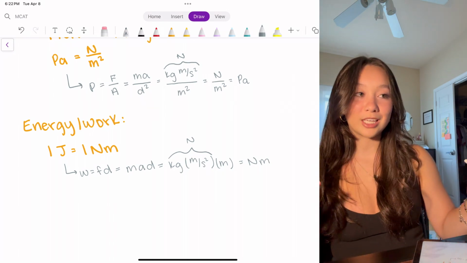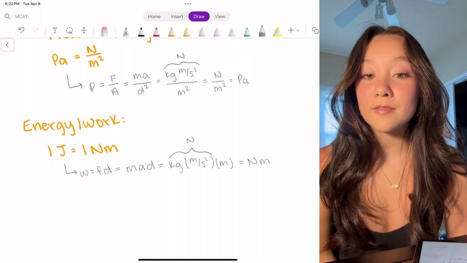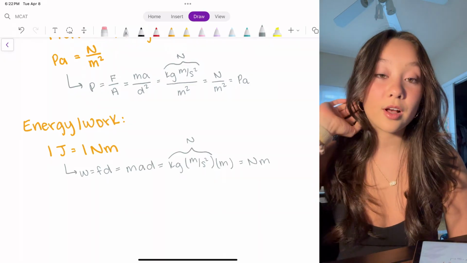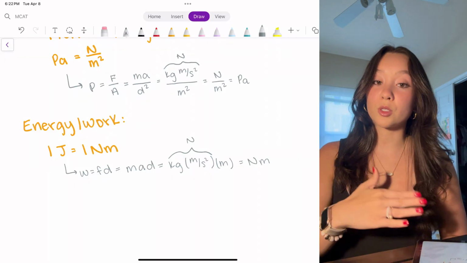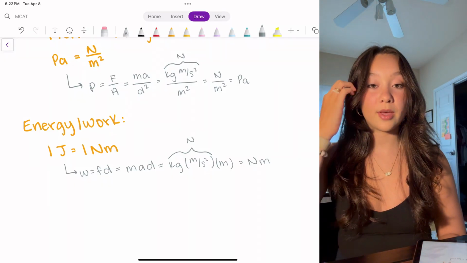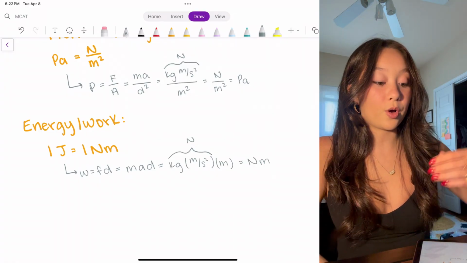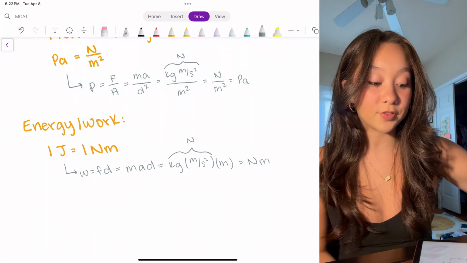I hope I'm not being more confusing, but if you are given a physics problem that you are not quite sure how to solve, it is very helpful to look at the units of the answer choices because the answer choices will always have units attached to them. And you'll get lucky if all of the answer choices have the same units. So let's say you're given a force and you're given a distance and it says to find the work.